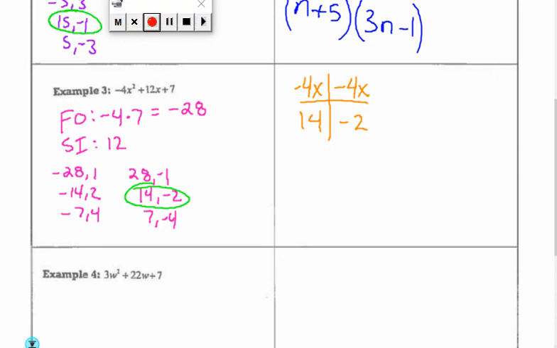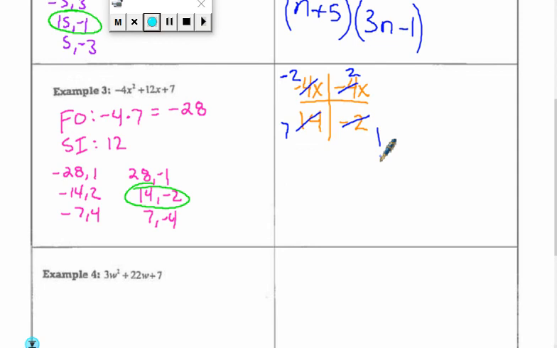The top would become a negative 2, that negative is still going to stay attached to it, and the bottom is going to be a 7. And now on my right hand side, can negative 4 and negative 2 cancel? Yes. When I divide two negatives, I'm going to be left with a positive. So I'm going to have just a positive 2 on top and a 1 below.